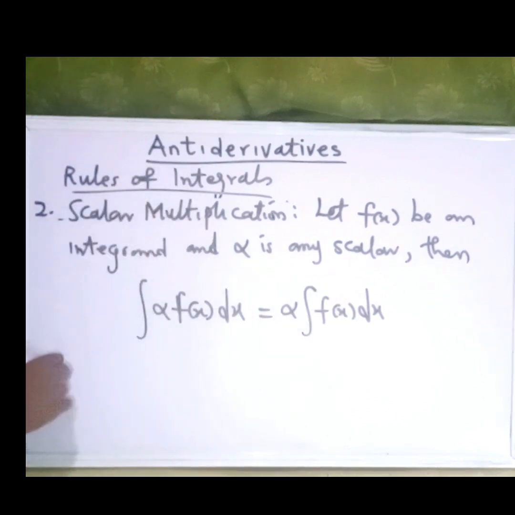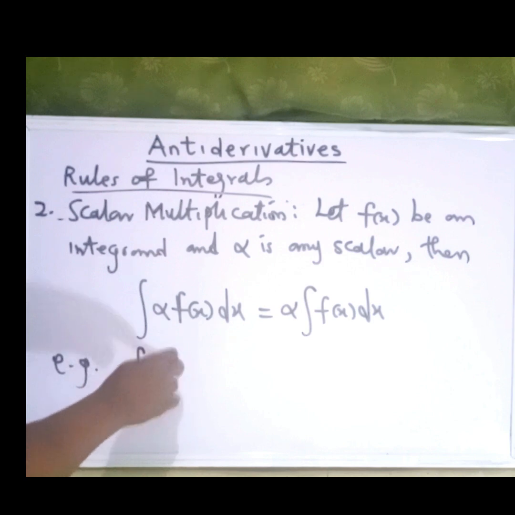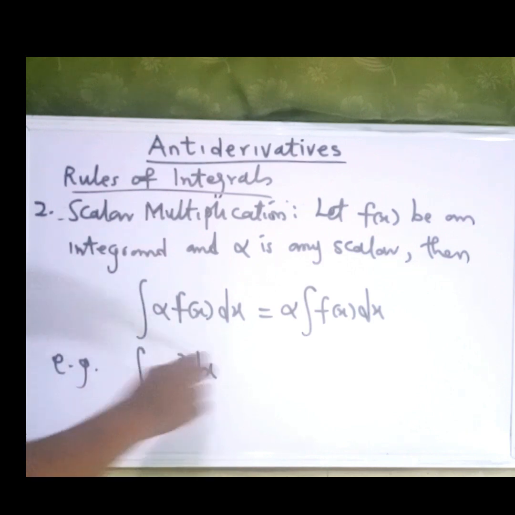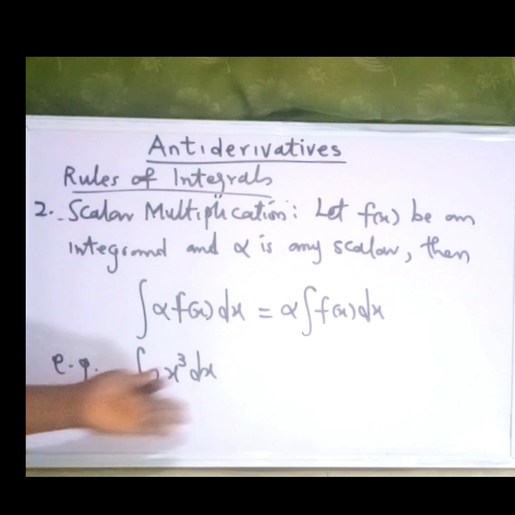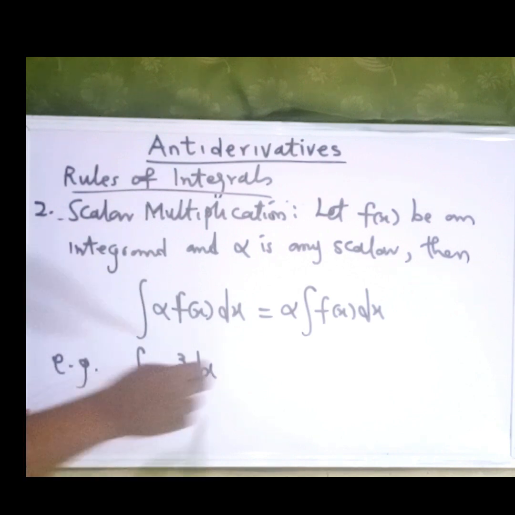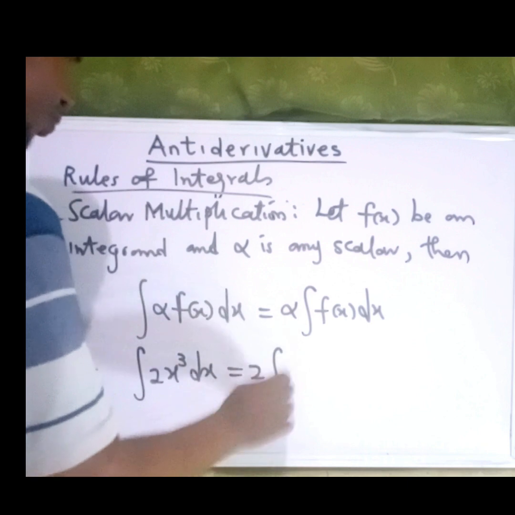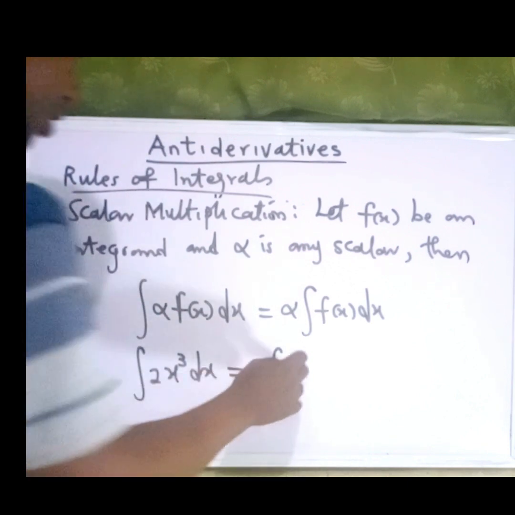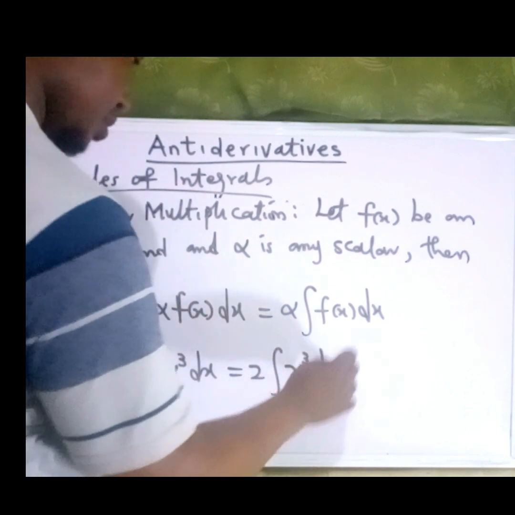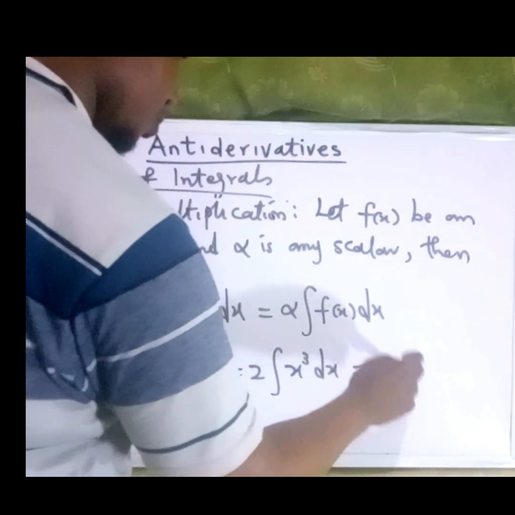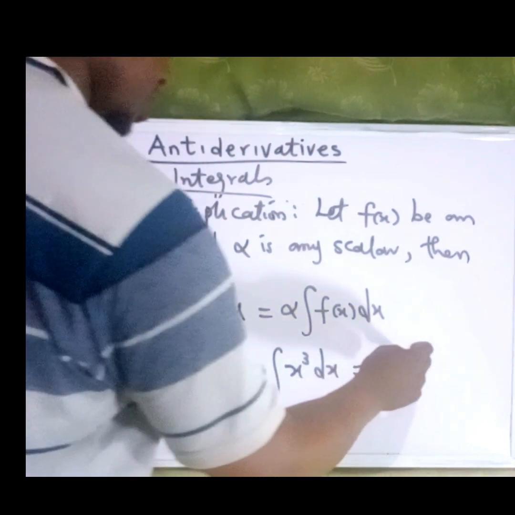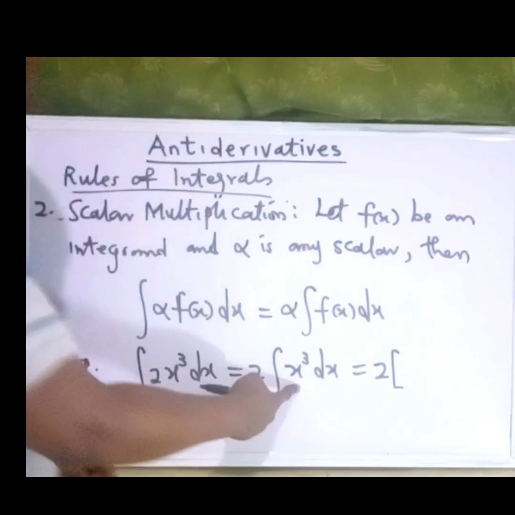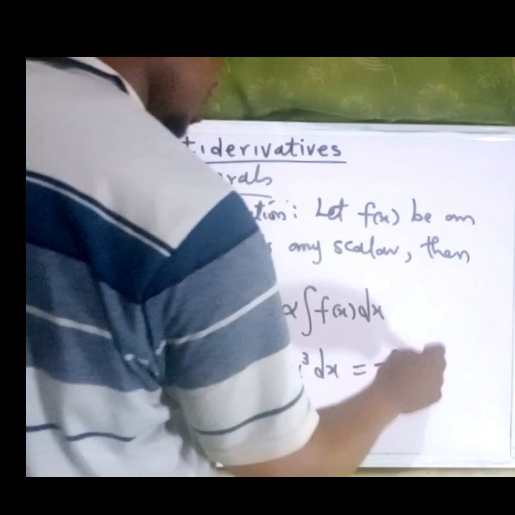The example to this is not far-fetched. If you have an integral of this form, what this is saying simply is that this 2 is independent of x and can come out, and then we can have this to be this. So while the 2 is outside, one can integrate the inner term, and this is this.